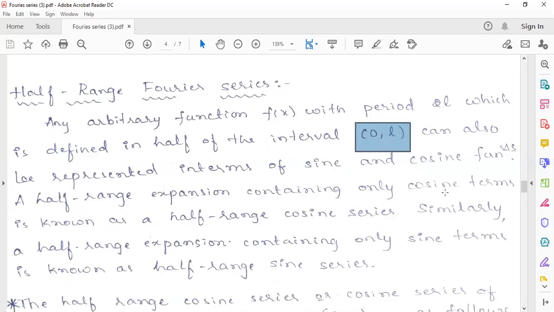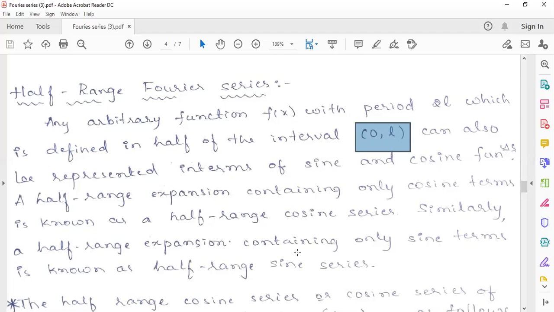We get the cosine series only for an even function, and graphically an even function should be symmetric about the y-axis. So if they give the value of the function in the interval 0 to L and ask us to find the cosine series, you have to take the mirror image of that function about the y-axis.